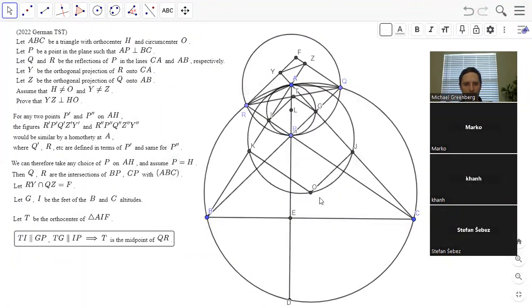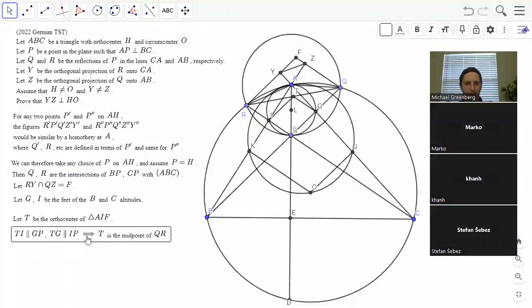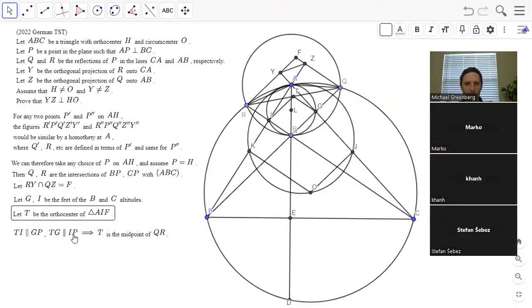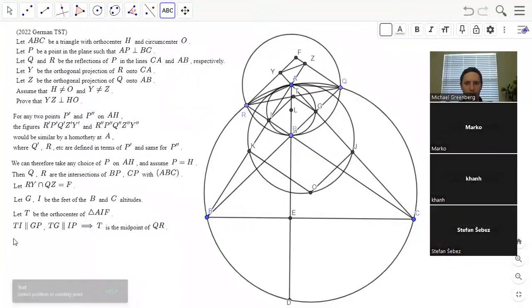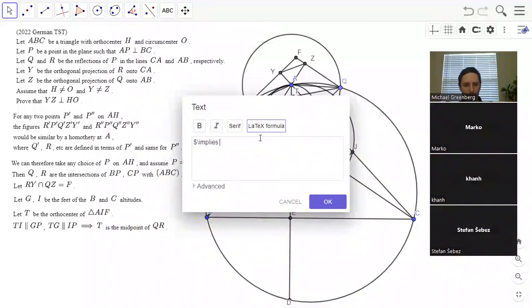Okay. And that means T is the midpoint of FP, since FRPQ is a parallelogram.